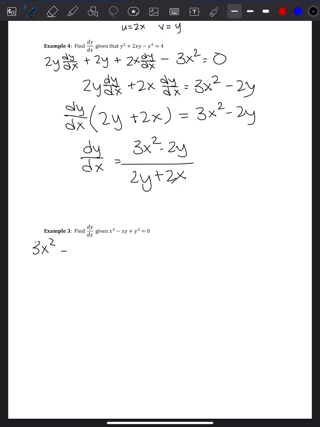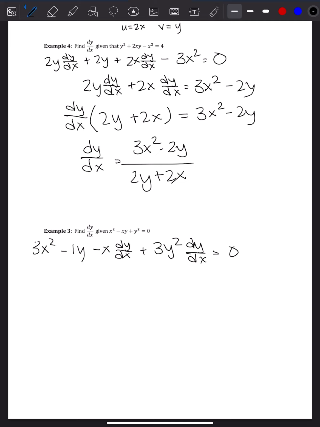So the derivative of negative x is 1 times y. The derivative of y times negative x is negative x dy over dx. The derivative of y cubed is 3y squared dy over dx, and the derivative of 0 is 0.